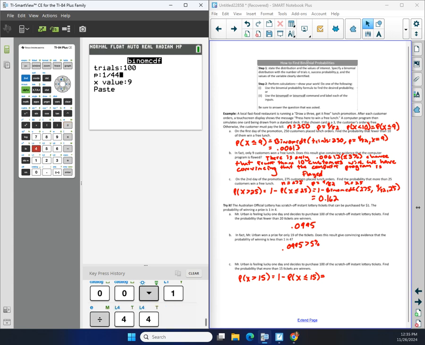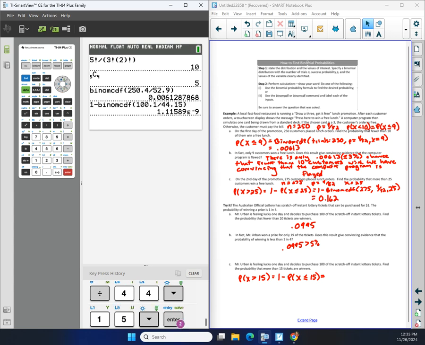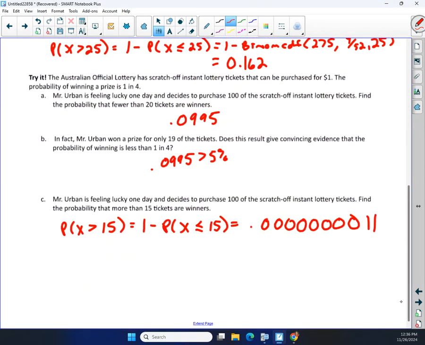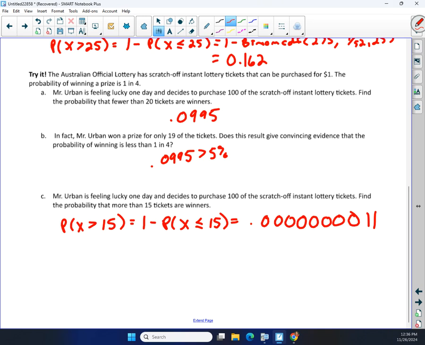Probability was 1/4. And I wanted 15. So there's not a very good chance that more than 15 tickets are winners.